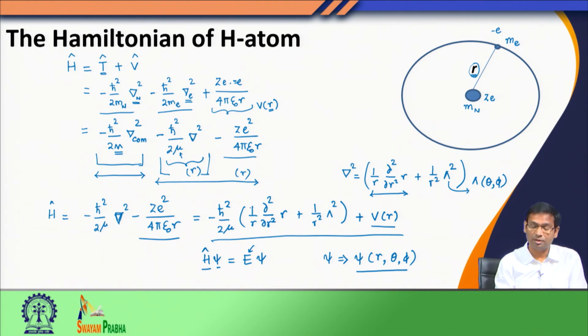So, therefore, the radial term was not operative, and we only dealt with the angular term. But here, since the electron can have a different radius, a different distance from the nucleus, our wave function should have explicit dependence on the radial term as well. So, therefore, psi will be a function of r, theta and phi, all three coordinates together.